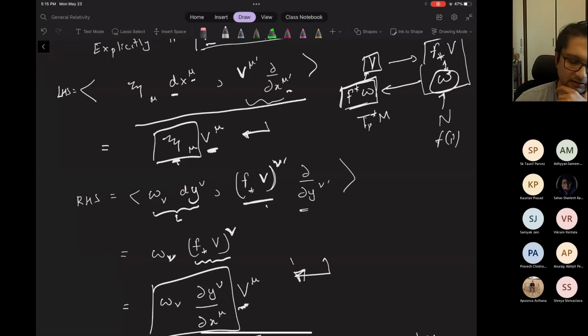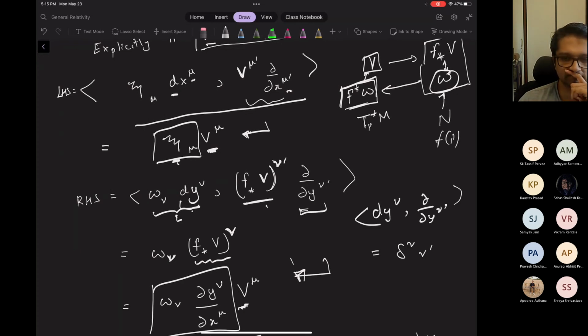And indeed dy nu with partial y nu prime is the thing that is delta nu prime. So the rest of the argument still works. I just used the wrong coordinate here, because the coordinates y are the coordinates on N by assumption.